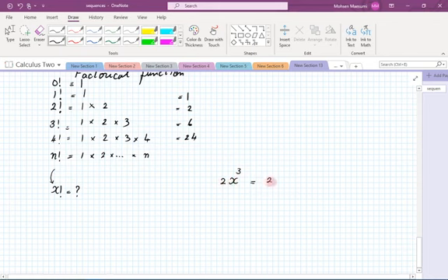So this has to be understood as 2 times x cubed. Well, what if you actually wanted to multiply 2 and x first? In that case, you had to use parentheses around 2 and x to make it clear that you want to multiply first. Same issue comes with the factorial.